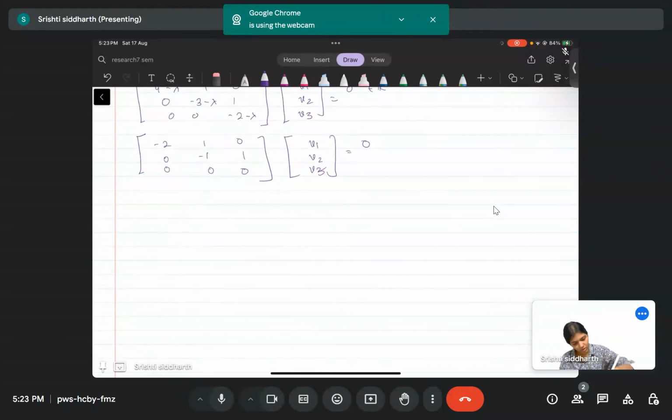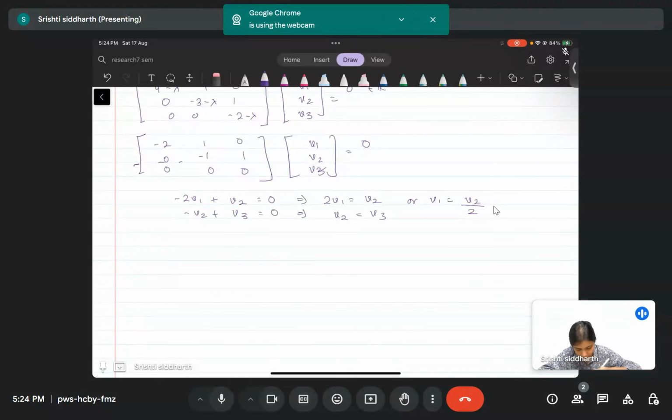Alright, so let's now see what v1, v2, v3 should be. So minus 3 v1 plus v2 equals 0. So this implies that v1 equals v2. Then minus v1 minus v2 plus v3 equals 0, which implies that v2 equals v3.